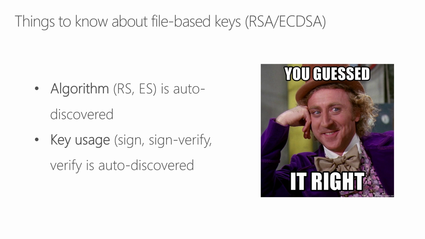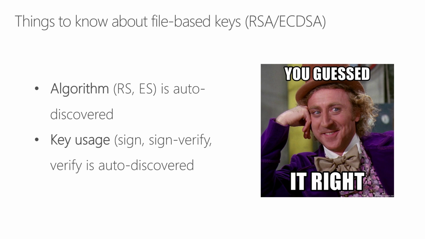Now, things to know about the file-based keys. Everything is auto-discovered. If you provide a PEM file to the plugin, the algorithm, whether it's RS or ES, is auto-discovered based on the content of the file. The same goes for key usage. If you provide a public key, you will not be able to use it for signature, only for verification.